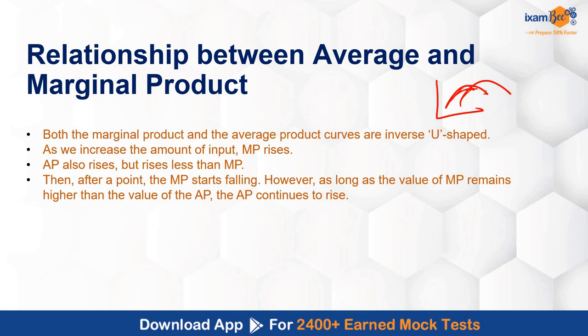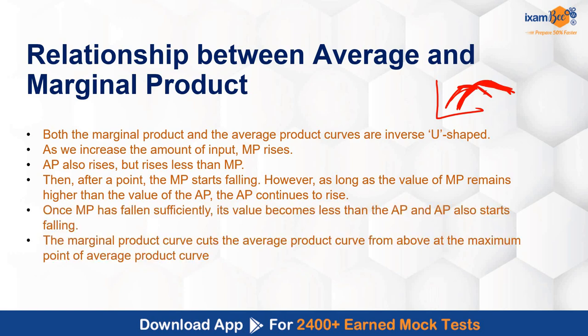Okay, then after a point marginal product will start falling, right? But the value would still be higher than the average product, and that is why in that region also average product would continue to rise. But after this, when the value becomes less than the average product, your average product starts declining.